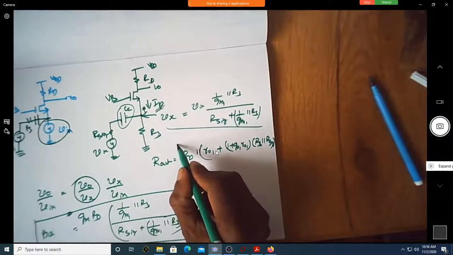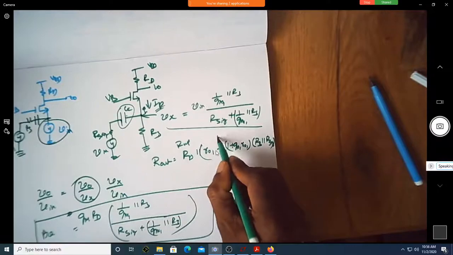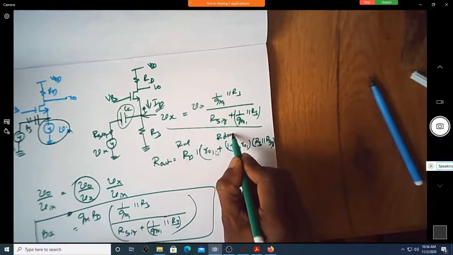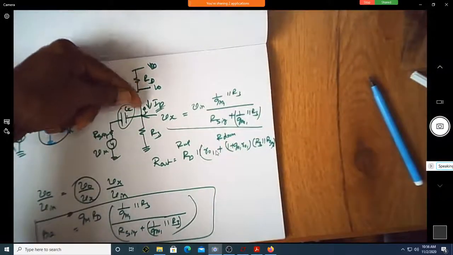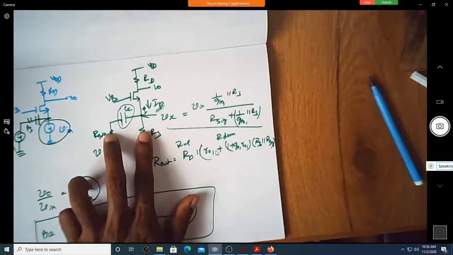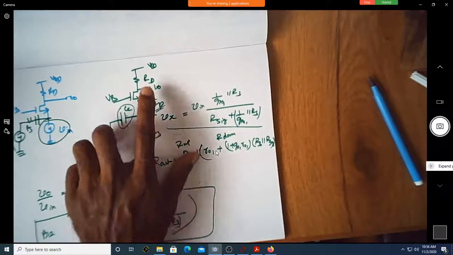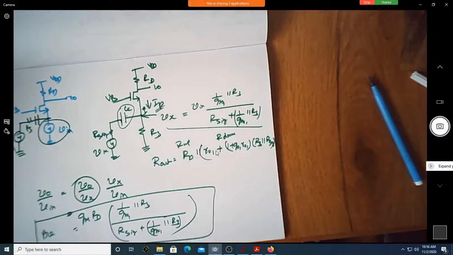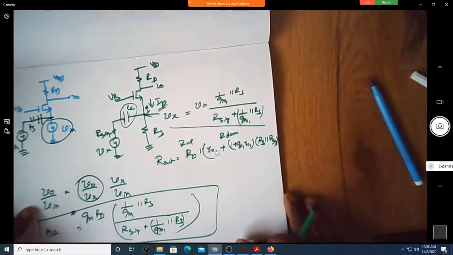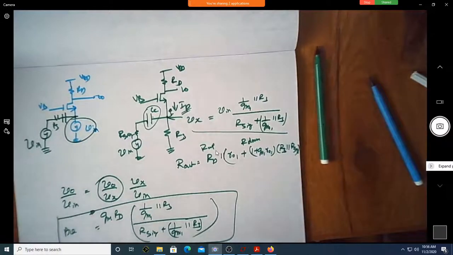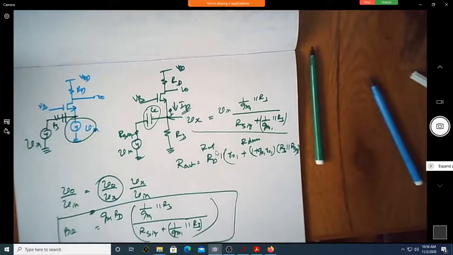This is Rup, correct? This is Rdown. Rdown is R naught plus this resistance coming in parallel, multiplied by the intrinsic gain. How many of you have gone mad?